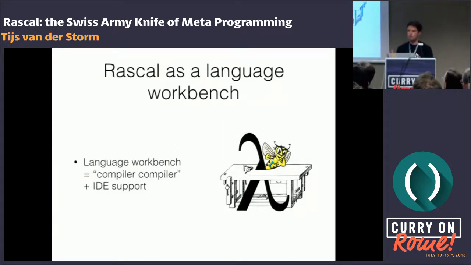So Rascal is a language workbench, and what is a language workbench? Well, it's basically a compiler on steroids, right? So yes, you can build your compiler, but you can also build IDE support for your language. So it basically allows you to create an integrated development environment for your new language.